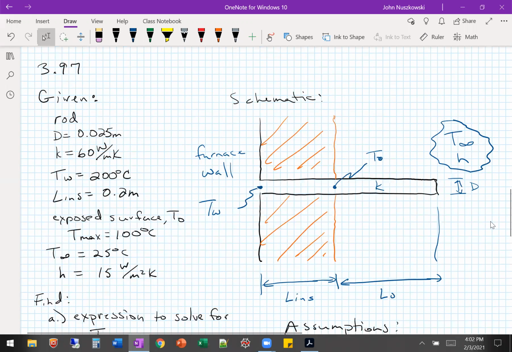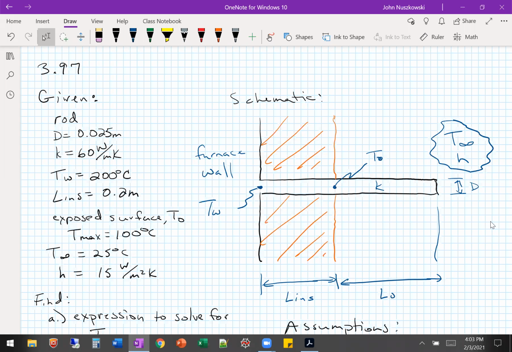And then from TO onwards, how many resistors do we have there? Would it be two, one for the conduction, one for the convection? No, so now this part is a fin, right?